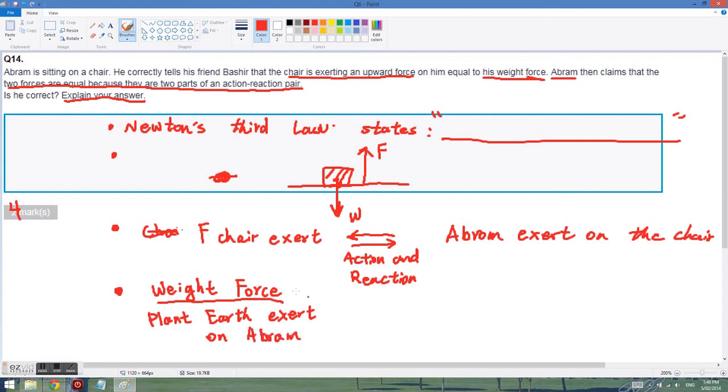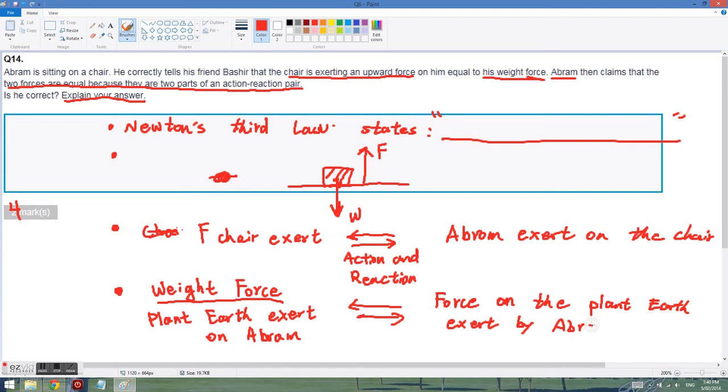So the reaction pair of the weight force should be the gravitational force on the planet Earth exerted by Abraham. So these two are an action and reaction pair.